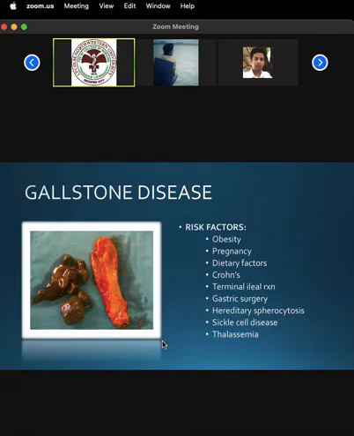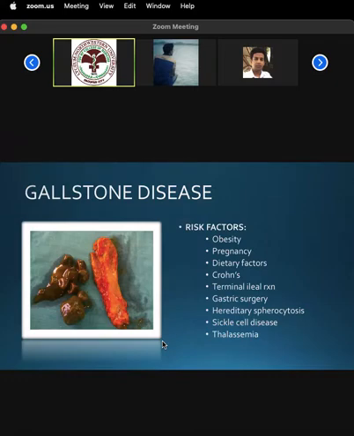It occurs in about 11 to 36% of all patients, and the risk factors of developing gallbladder or gallstone problem include obesity, pregnancy, dietary factors, especially diet rich in cholesterol, bronchiolitis, resection of the terminal ileum, any general surgery procedures, hereditary spherocytosis, sickle cell disease, thalassemia, and others.